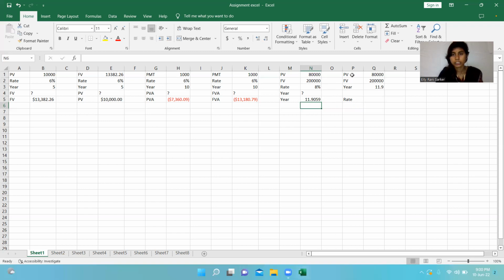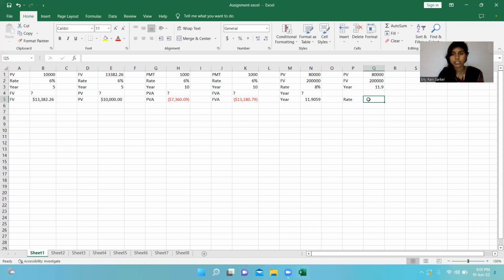Then we calculate the rate. Here PV is equal 80,000 and FV is equal 2 lakh, NPER is equal 11.9. So we have to calculate the rate.